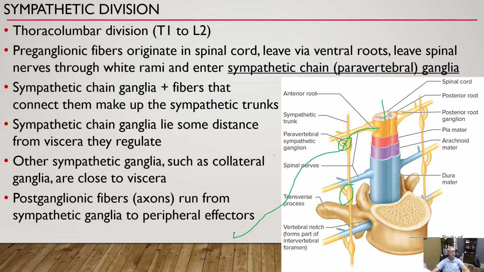Or option 2 is that we would have a preganglionic fiber that goes about halfway, and then another postganglionic fiber that would go to our target organ.